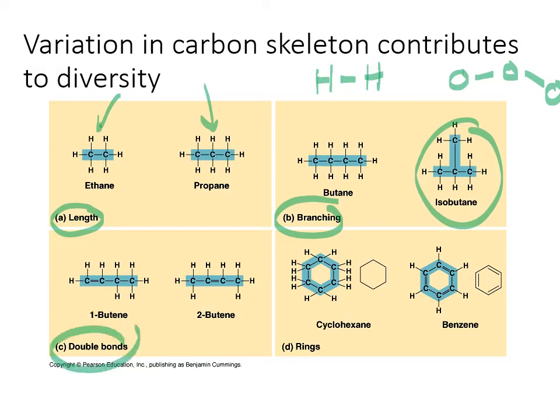Plus, you can form double bonds and triple bonds, not here, but you can actually form triple bonds as well. So that gives you more variety, and you can start getting these chains. So imagine these chains, if you get long enough, they could actually connect back to themselves, and you end up with these ring structures. Plus, you can put all these things together, and you get super complex molecules.